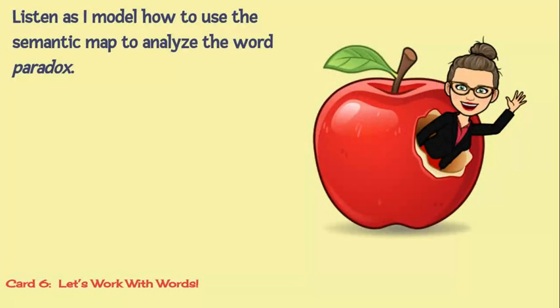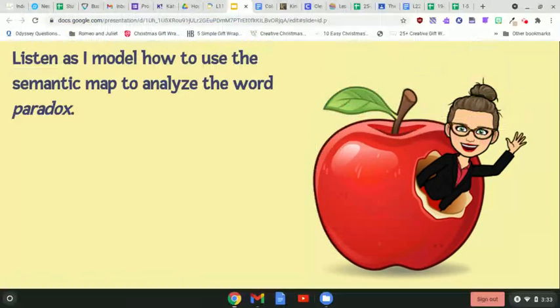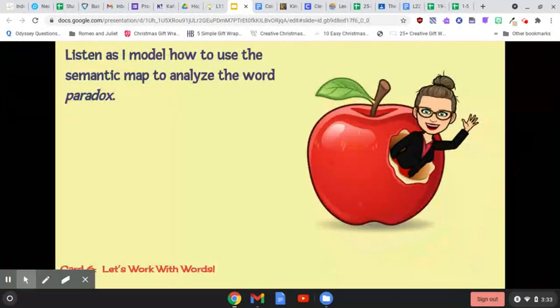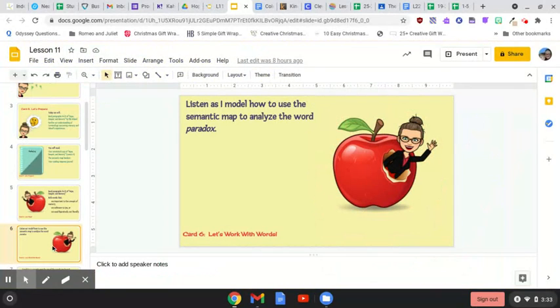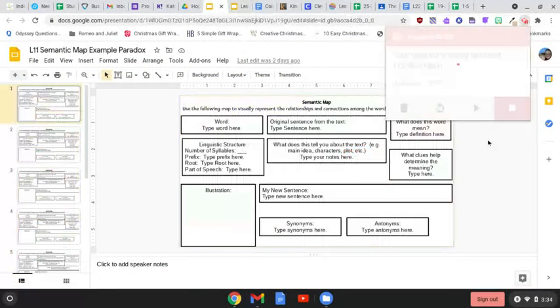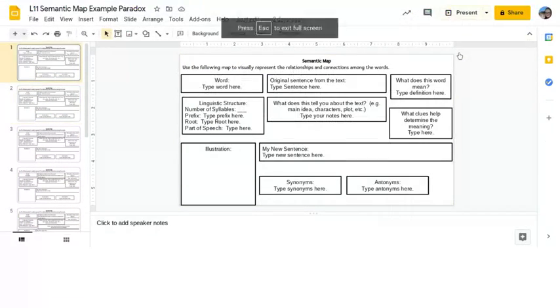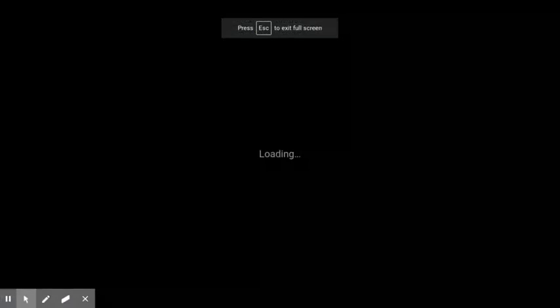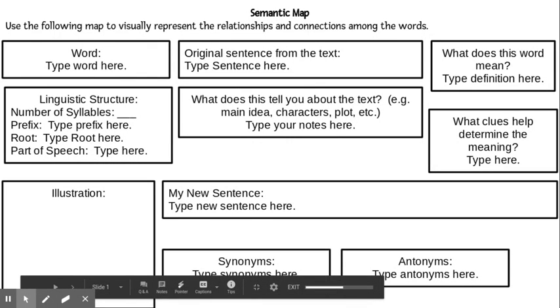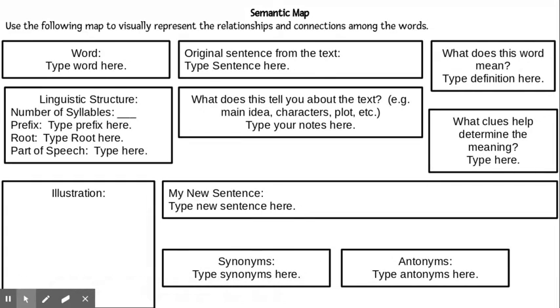Listen as I model how to use the semantic map to analyze the word paradox. Semantic maps help us learn a vocabulary word by deeply analyzing that word.